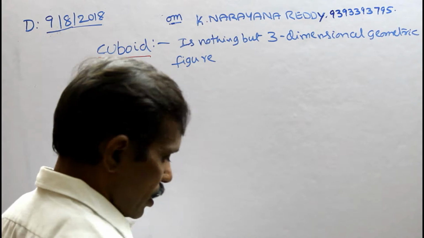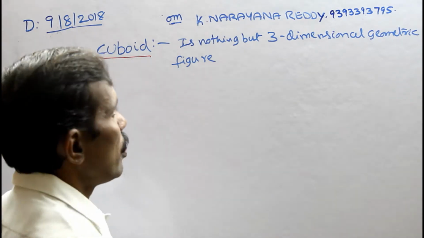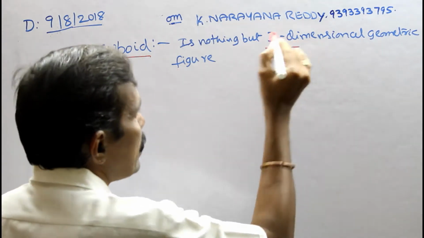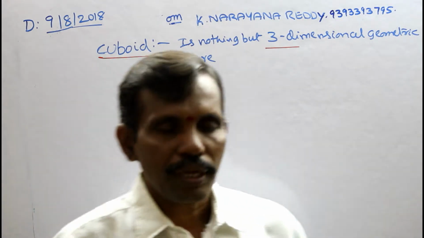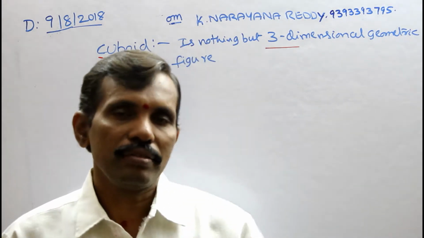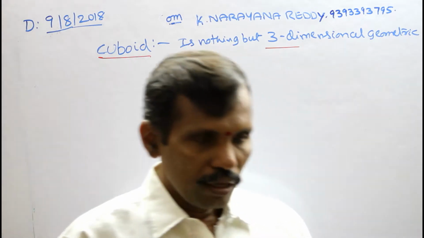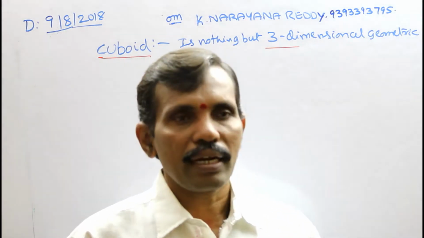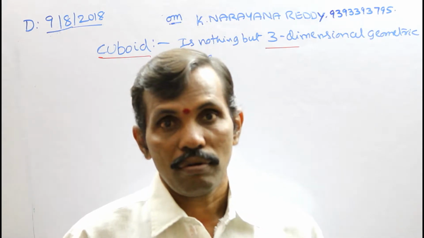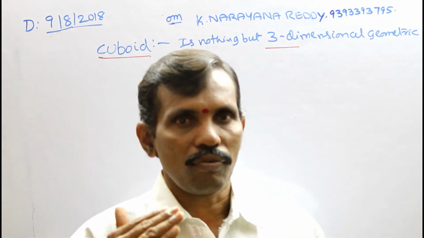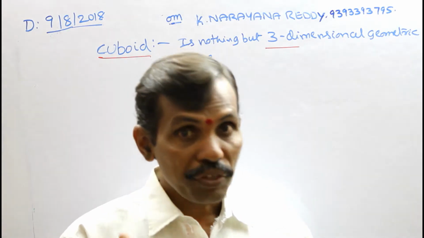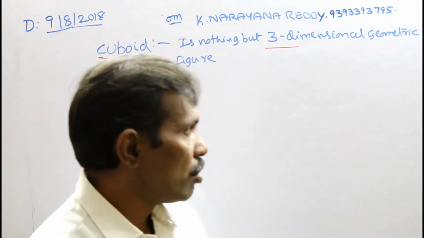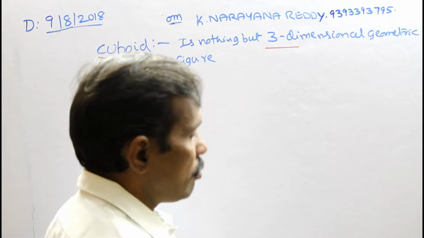This is most important which you have to observe. Means which is three-dimensional. A cuboid is nothing but a three-dimensional geometrical figure. Why can this geometrical figure be used? Volume. What is the volume of this one? Surface area of this one. So for those we want to explain now.